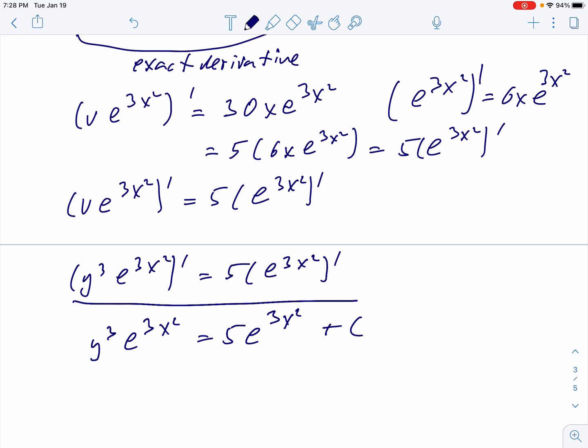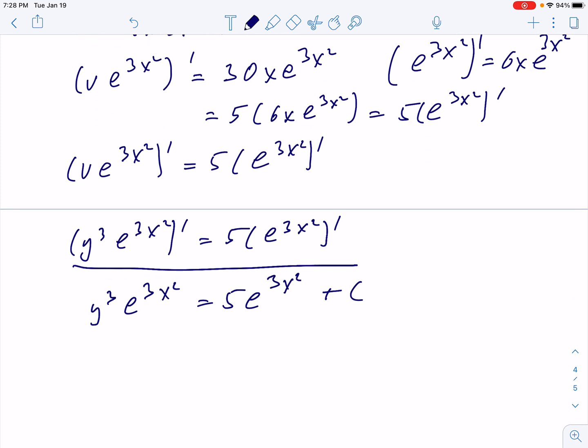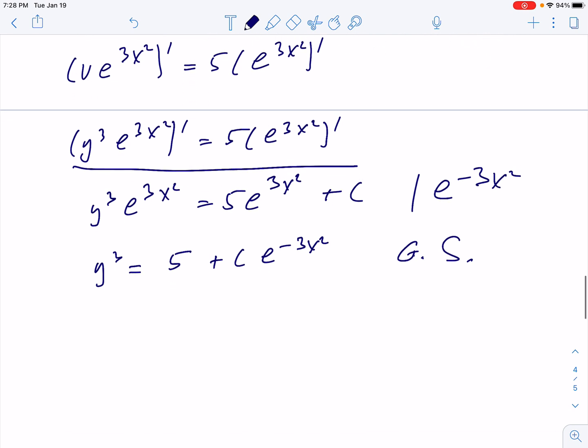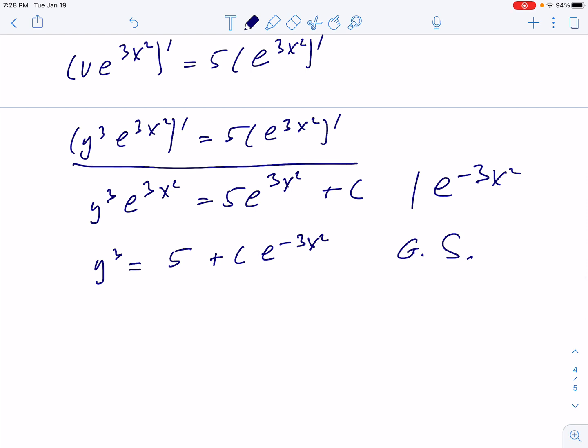Look at this. Now we can solve for y cubed. For this purpose, we divide both sides by exponential 3x squared, which is the same as multiplying both sides by the reciprocal. And we get y cubed equals 5, just 5, plus c exponential negative 3x squared. Don't forget to put it here. And this is our general solution. And we can now take cube roots here.